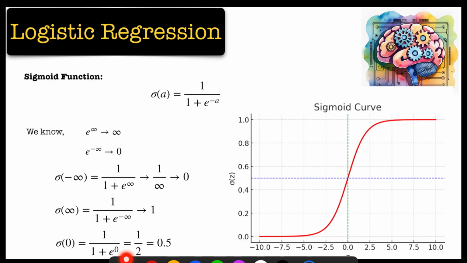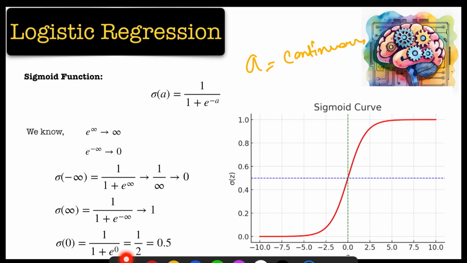Now what is the sigmoid function? Let's see quickly. Let's say there is a value A here, and A is some continuous value. Then sigmoid of A will be 1 over 1 plus e raised to the power minus A. This is the formula for the sigmoid function. We know that e raised to the power infinity tends to infinity, and e raised to the power minus infinity tends to 0, right?